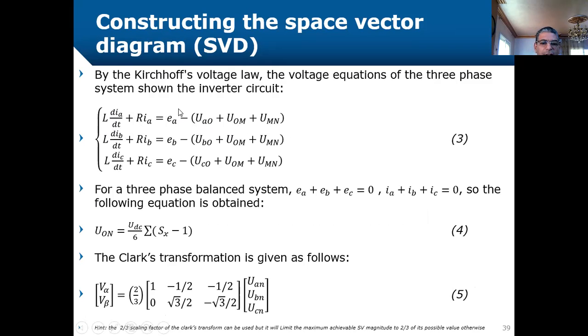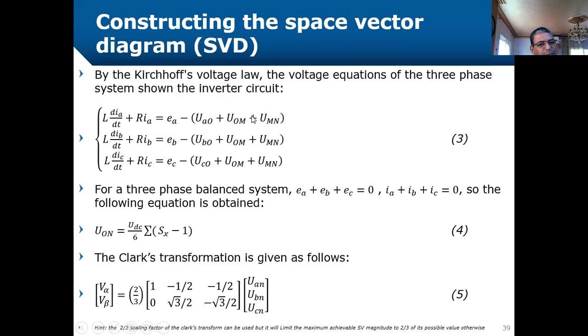Recall that this is the electromotive force in phase A, phase B and phase C. And this is minus the voltage applied by the inverter, which is UA referred to the point O, plus UO referred to the point M, plus UM referred to the point N.